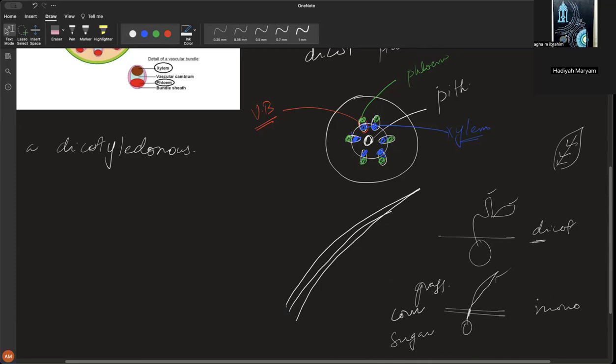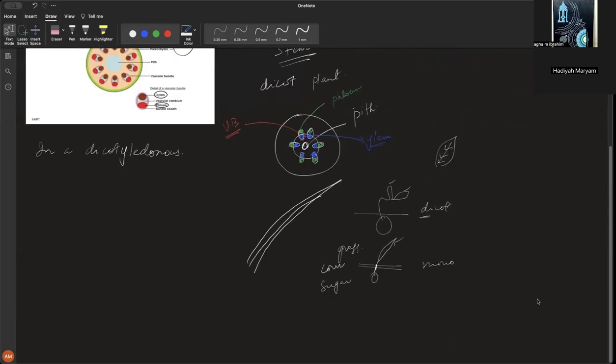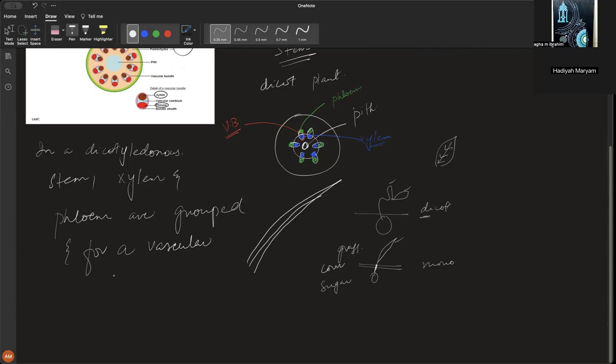All right. Okay. In a dicotyledonous stem or plant stem, xylem and phloem are grouped and form a vascular bundle, right?